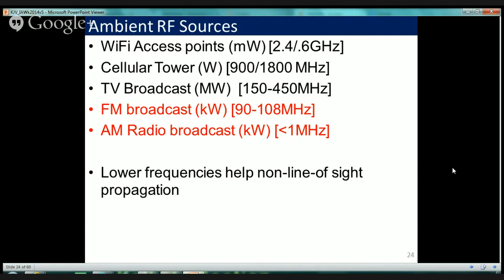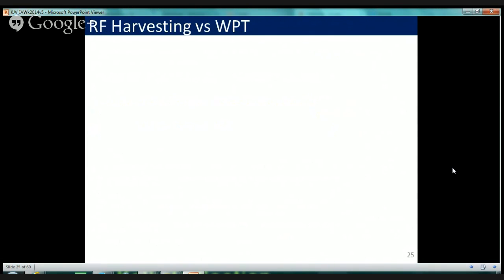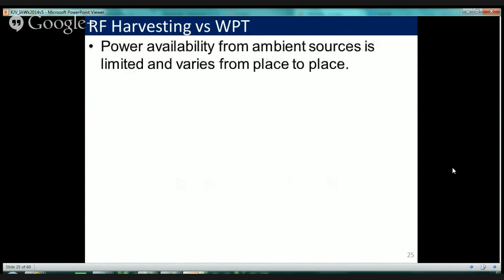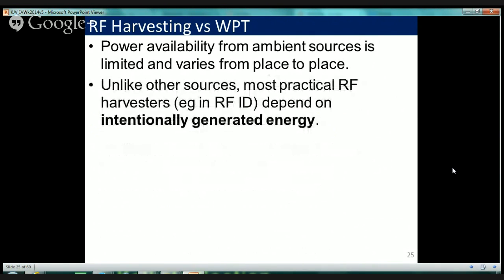And one of the interesting things, apart from these higher power levels, is that these lower frequency ones also work with no line of sight, and therefore you can harvest even if you are not in the close vicinity of the transmitter. Of course, the power availability would vary from place to place.